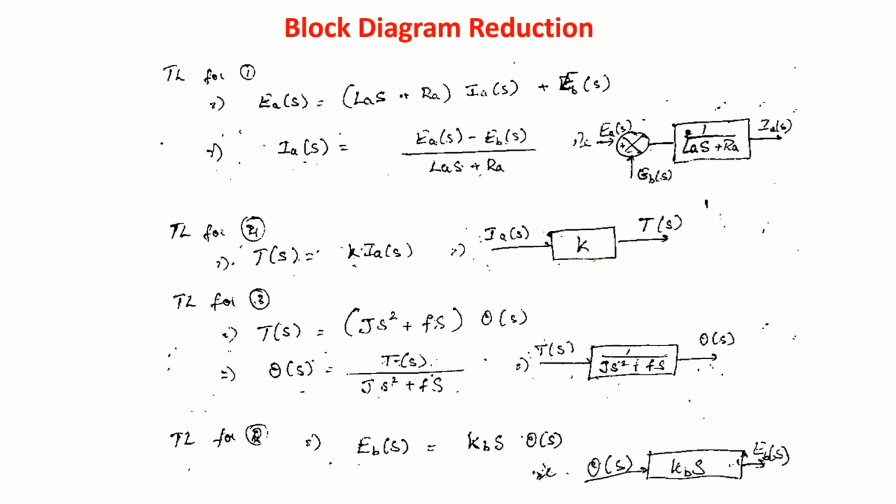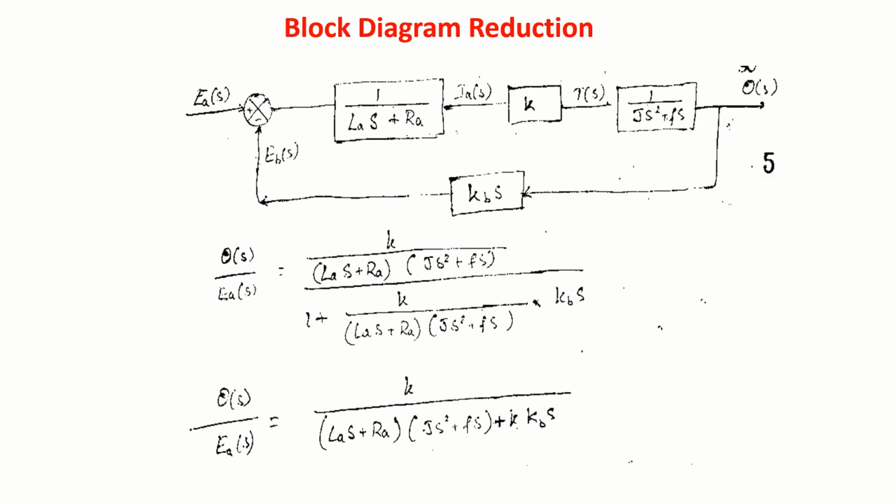Let us take each one of the equations and take Laplace. Correct. And we'll form the block diagram. So from the second equation, you get this. Third equation, you get this. Fourth equation you get this. So now you can organize them and you get the block diagram. Reduce it, you will get a transfer function.